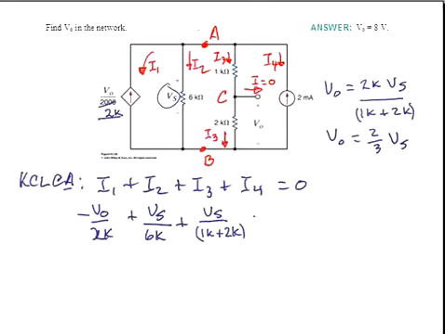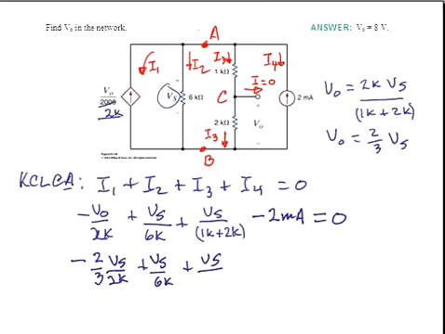And then the I4 is minus 2 milliamps, since it is flowing into the node A. Now we can substitute that VO is 2/3 Vs and write minus 2/3 Vs divided by 2K plus Vs over 6K plus Vs over 3K is equal to 2 milliamps.